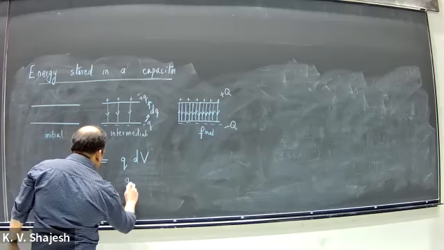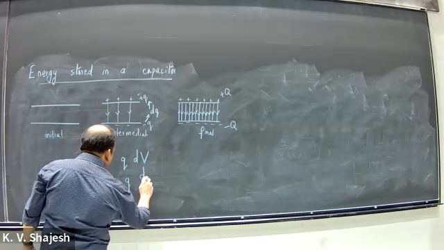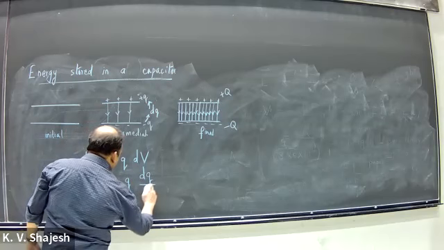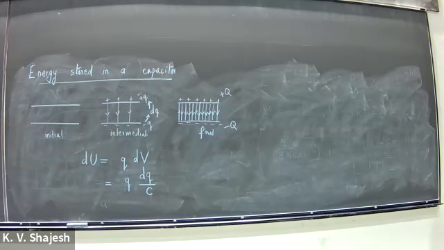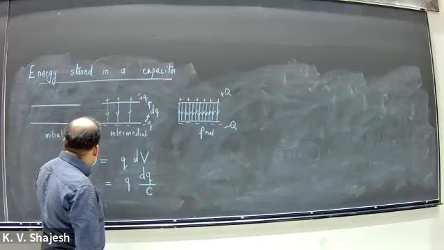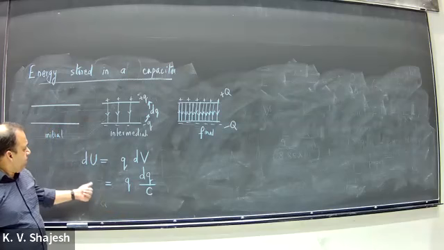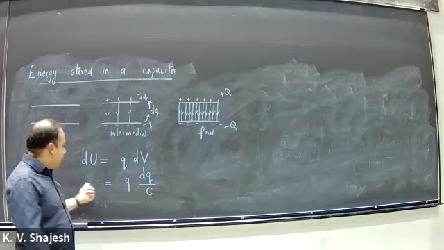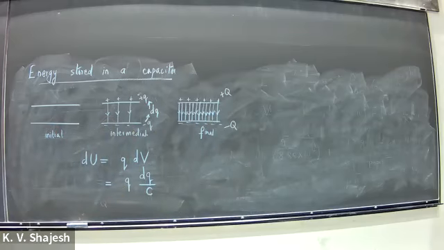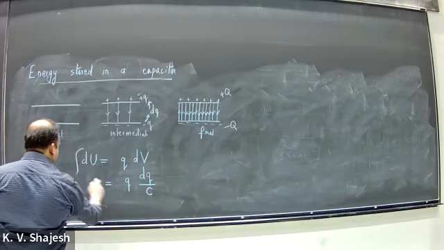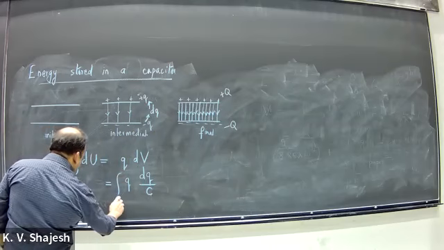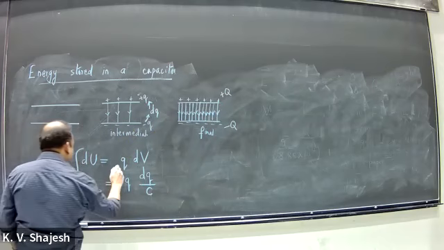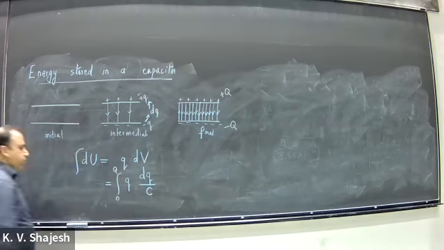So this is Q, and since it's a small voltage we're talking about, this is dQ over C. So the total energy that you will spend to go all the way from 0 to Q, I have to integrate this from 0 to a full charge Q. So I integrate on both sides. And this one I integrate from 0 charge to start with, and I reach a total charge of Q.